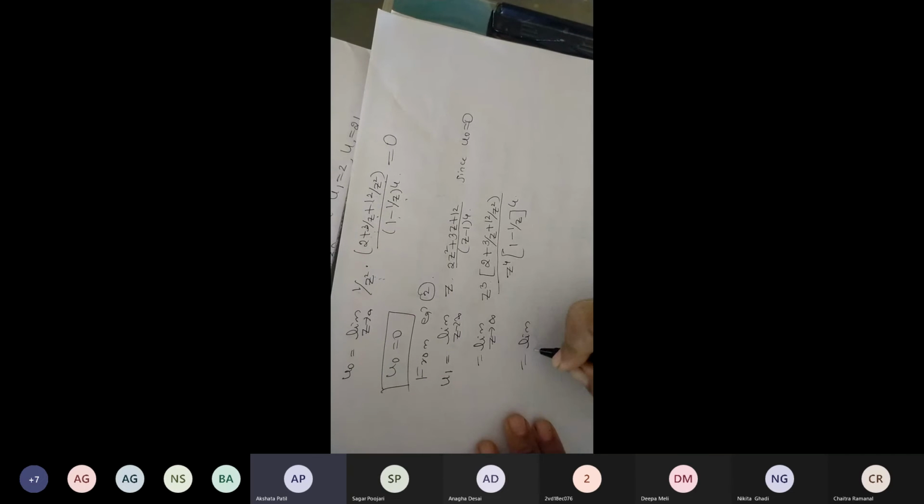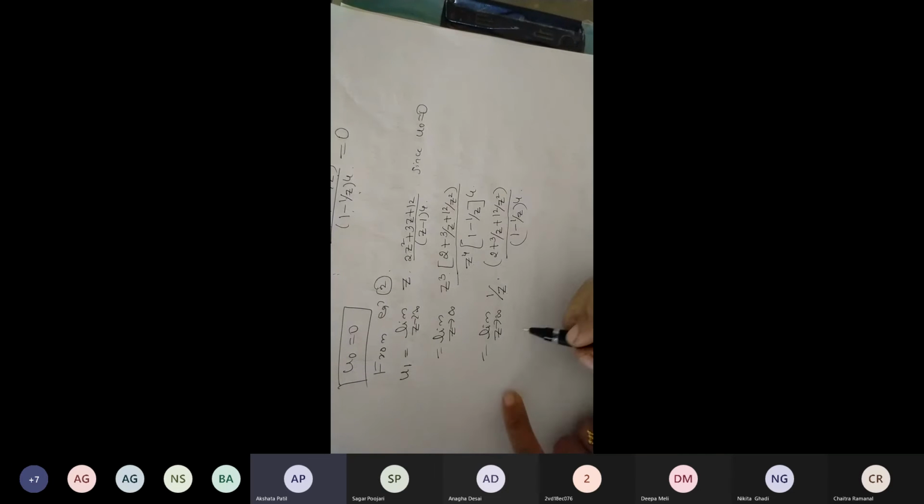Inside we can write 2 + 3/z + 12/z², divided by z⁴ taken outside, so inside is (1 − 1/z)⁴. Now z³ divided by z⁴ cancelling, you are getting 1/z. So inside is (2 + 3/z + 12/z²) divided by (1 − 1/z)⁴.